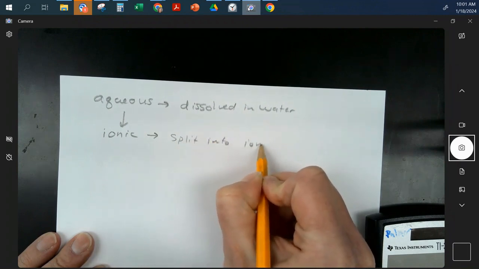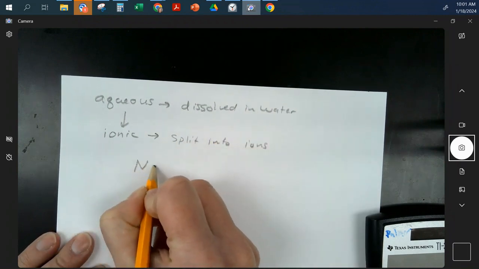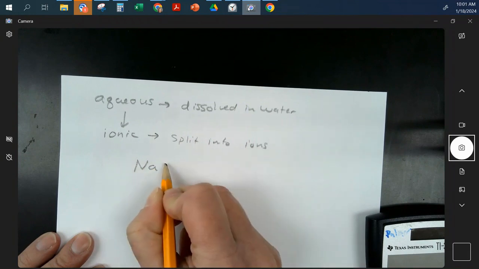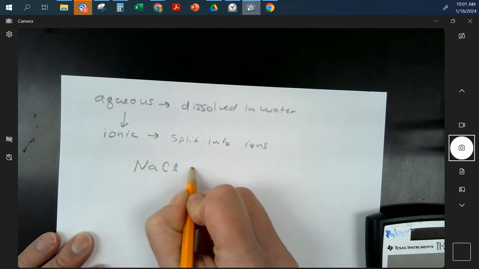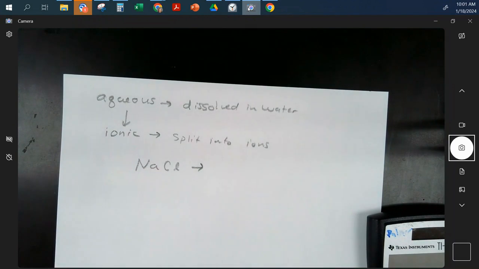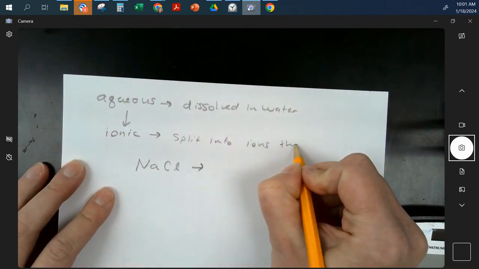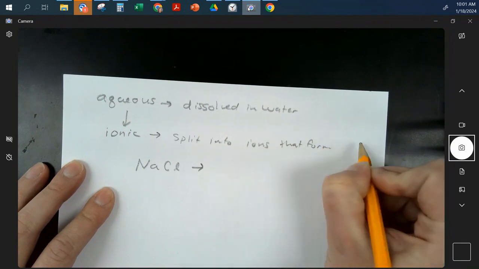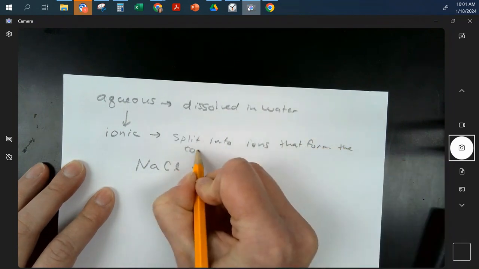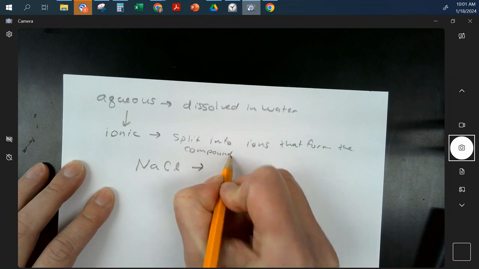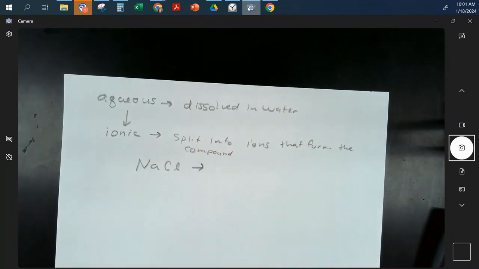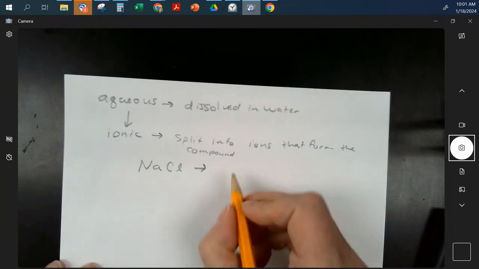into ions. For example, sodium and chlorine. What ions make sodium and chlorine? Sodium's in the first column, so I know that sodium's going to be a +1 charge, Na+.